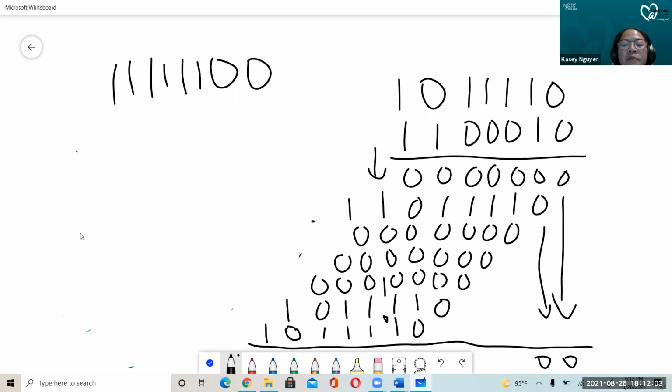So you handle the top numbers first and then move downward. So a 1 plus a 0, you add these. So that's going to give me a 1. A 1 plus a 0 is a 1. A 1 plus a 0 is a 1. A 1 plus a 1 is a 0. A 0 with the carry. A 0 plus a 1 is a 1.